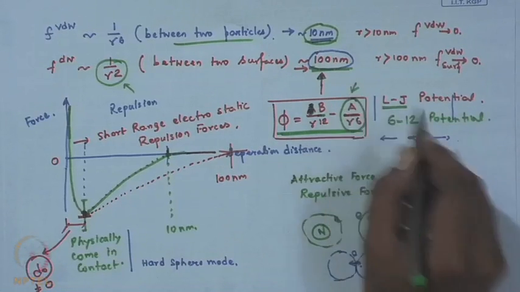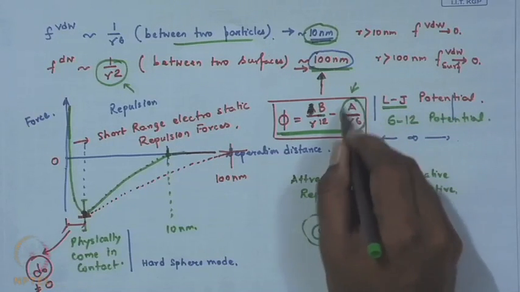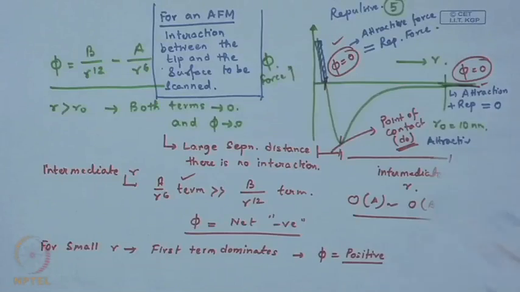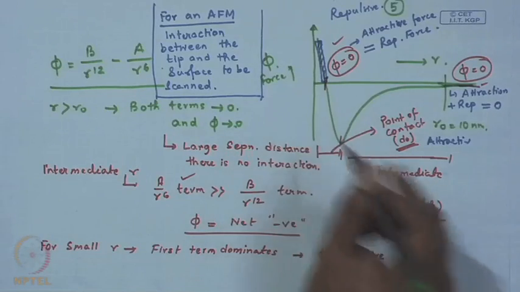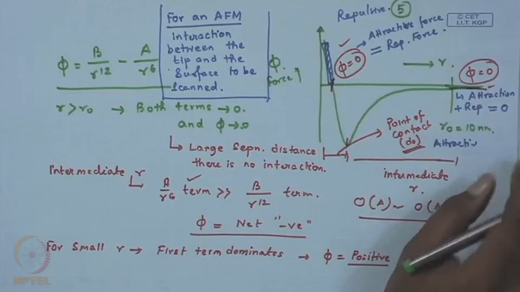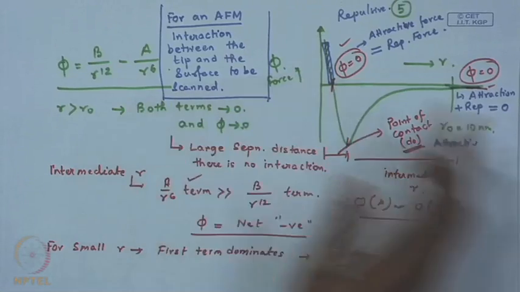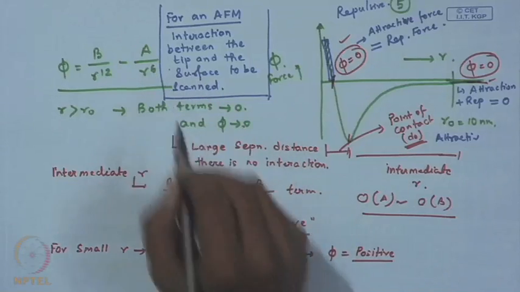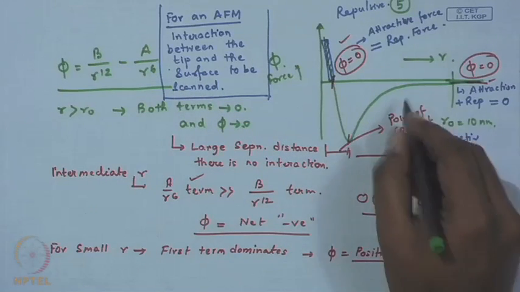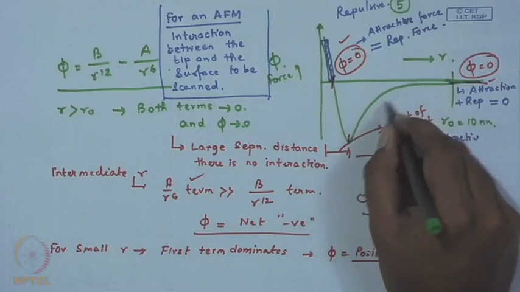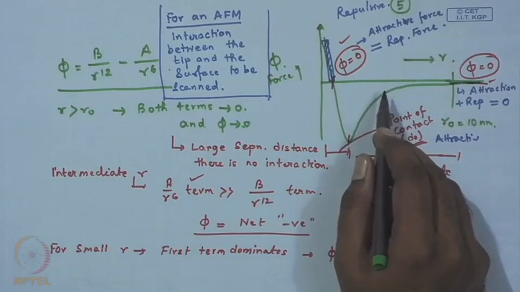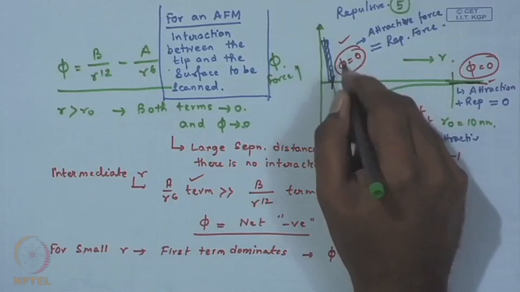This term represents the attraction, this term represents the repulsion. Depending on the value of r, there can be 3 distinct regimes. For very large r, both terms are 0 and there is no interaction. For intermediate r, the second term might dominate over the first and we will have an overall attraction. For very small r, the first term again dominates over the second term, and we can have an effective repulsion.